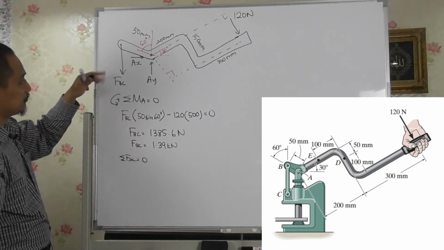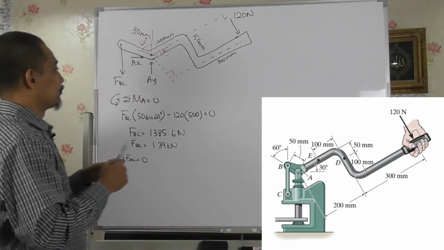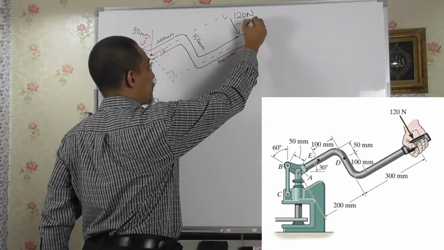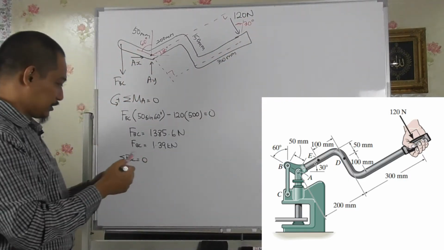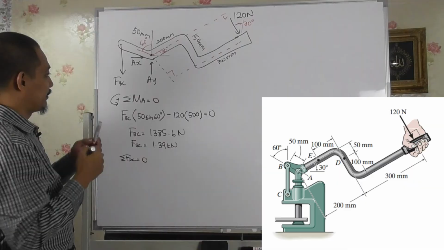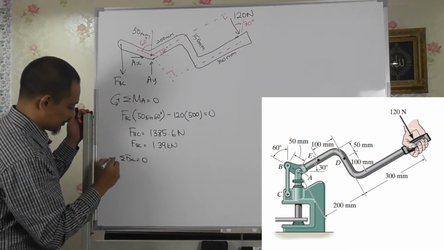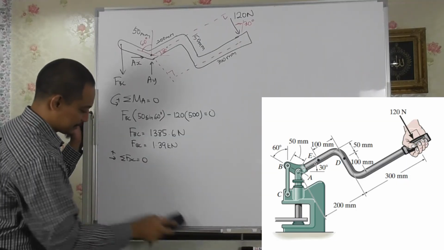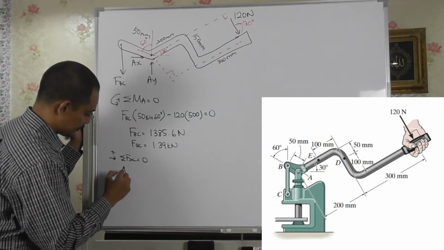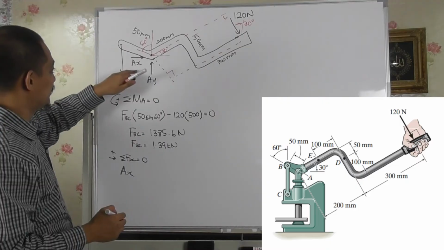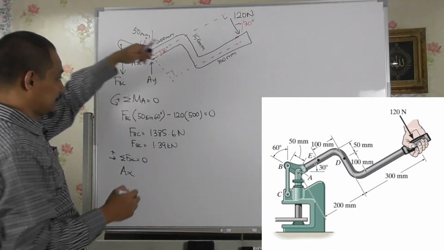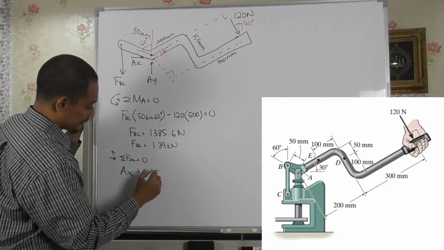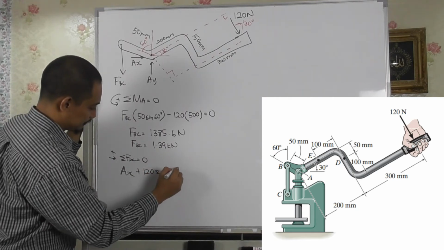Alright, so we have to use this angle then. So this one is 30 degrees, right? This angle. Okay, so if you take the x component, this one doesn't have an x component. So if you take positive to the right, Ax, no x component, and then that one has another x component, so plus 120 sine 30 degrees equal to 0.